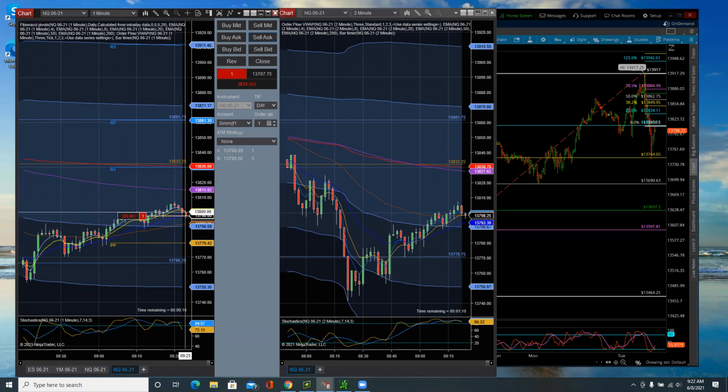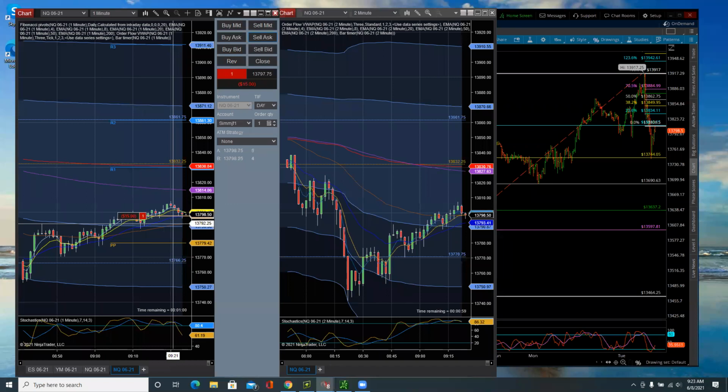Okay, so what do I do when I enter a trade? Well, first, I want to think about what I can make on this. I'm looking for a possible move down to the 1 minute 50, which sits at 97.92. That's my target, so I've established my target. This is just a day trade.